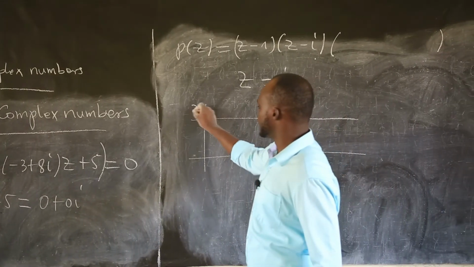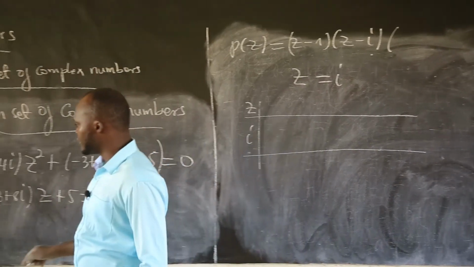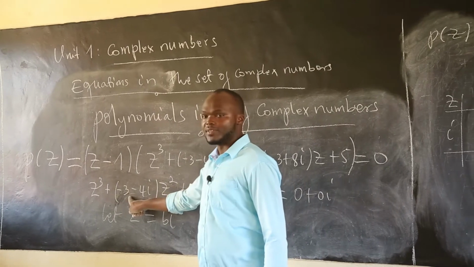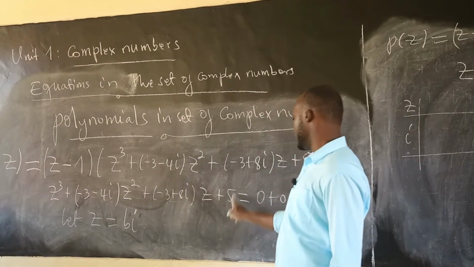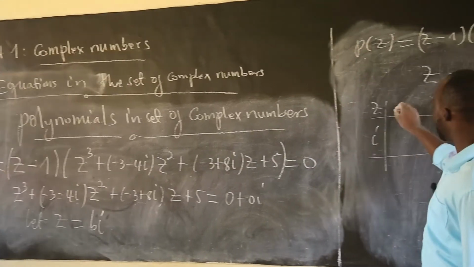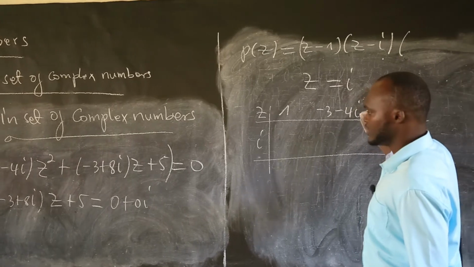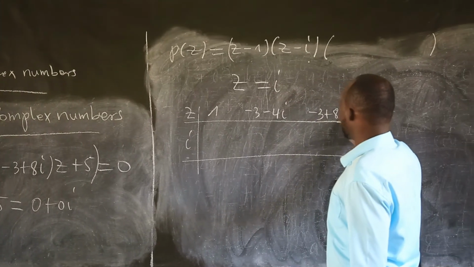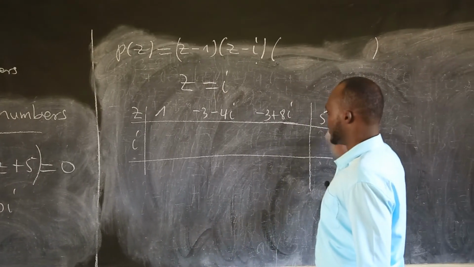We have the root i. The coefficient of z^3 is 1, the coefficient of z squared is negative 3 minus 4i, the coefficient of z is negative 3 plus 8i, and the constant is 5. So we have 1, negative 3 minus 4i, negative 3 plus 8i, and the constant 5.